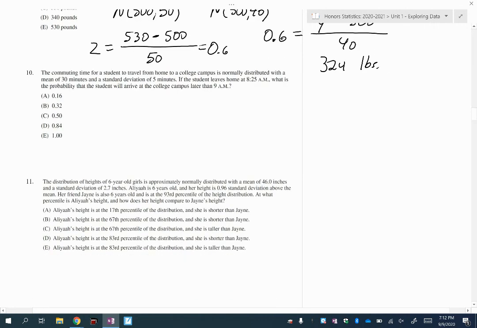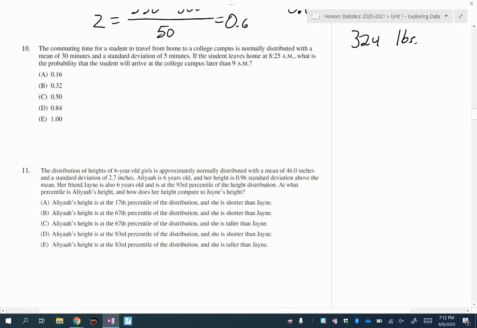Okay, number 10. The commuting time for a student to travel from home to a college campus is normally distributed with a mean of 30 minutes and a standard deviation of 5 minutes. If the student leaves home at 8:25 a.m., what's the probability that the student will arrive at the campus later than 9? Again, I'm going to use my (y minus mu) over sigma.